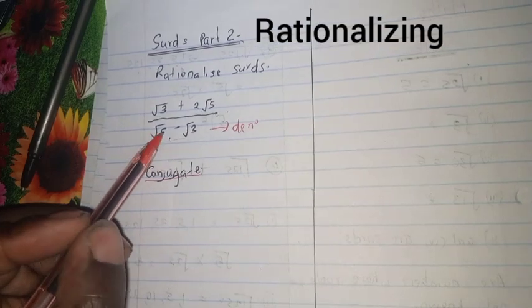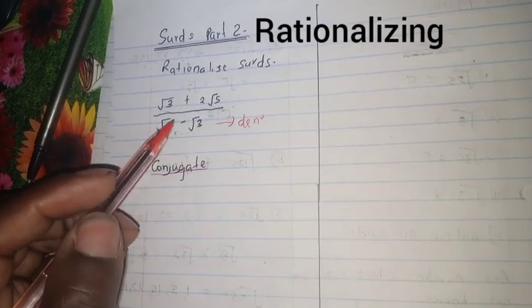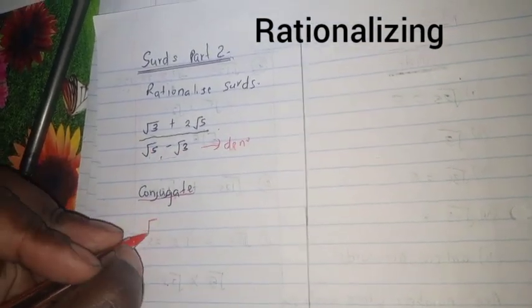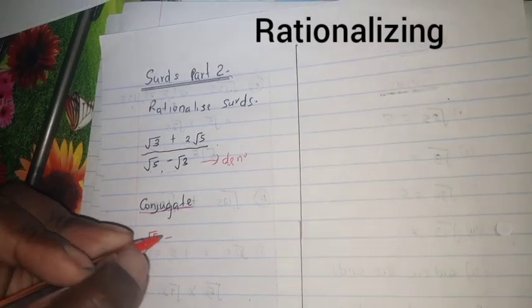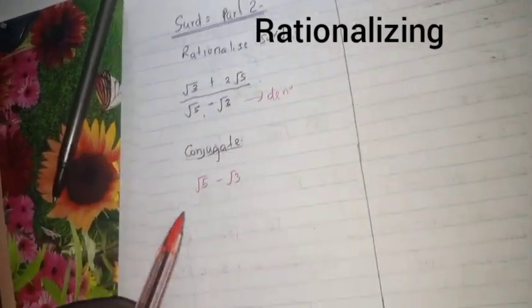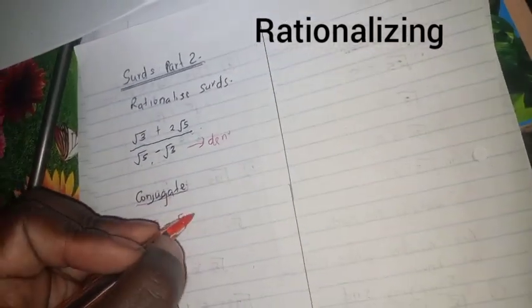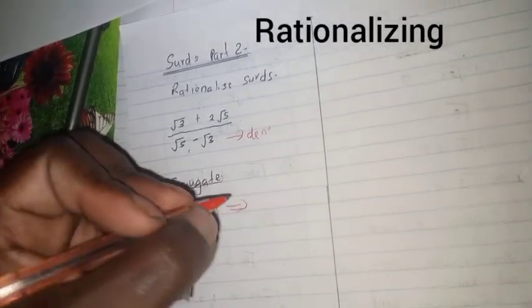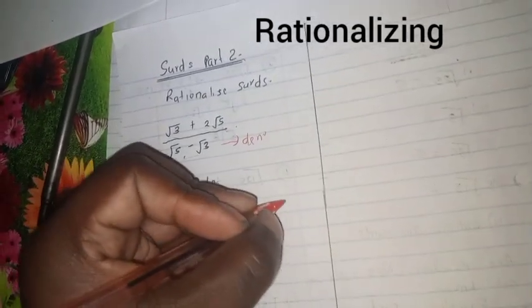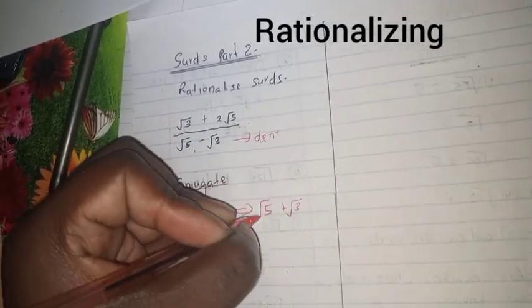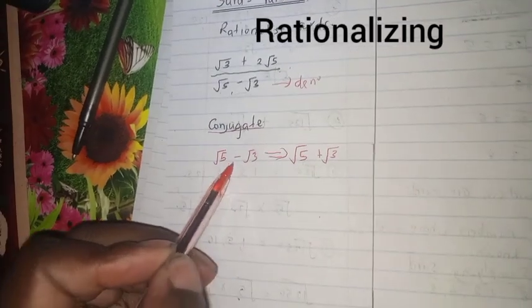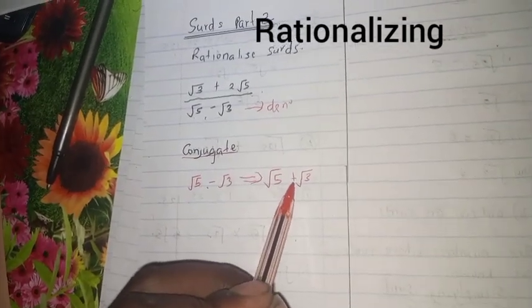And the conjugate is the negative of what is given. In our case, we've been given that the denominator is root 5 minus root 3. Its conjugate is going to be root 5 plus root 3. In other words, this one was negative and the conjugate will be positive.